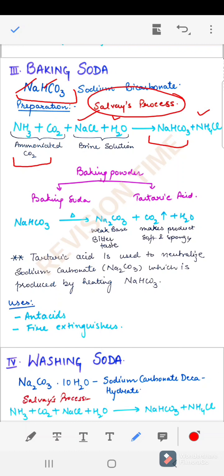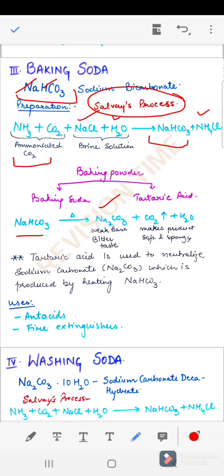So you all must be wondering about baking powder also. Baking powder is a different thing. Baking powder consists of baking soda along with tartaric acid. When we heat baking soda, we will get sodium carbonate, and there will be evolution of carbon dioxide and water. This is the process that we use in baking.